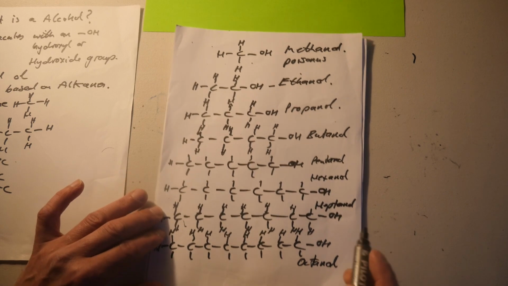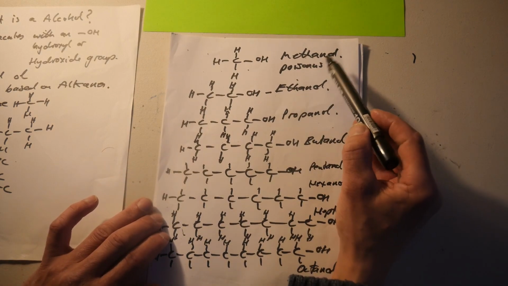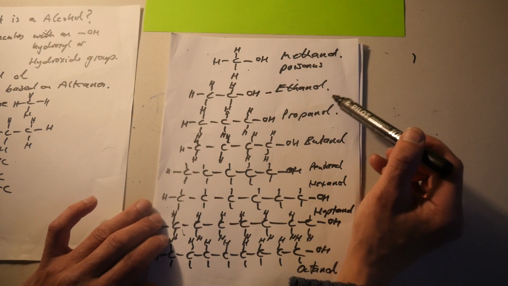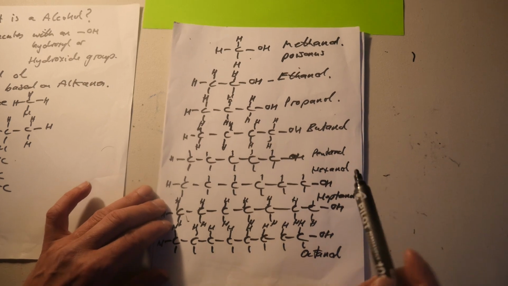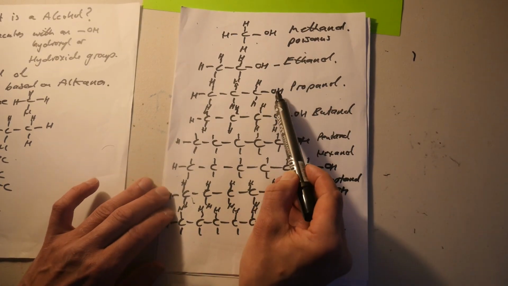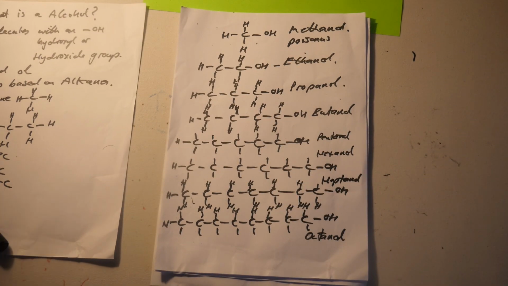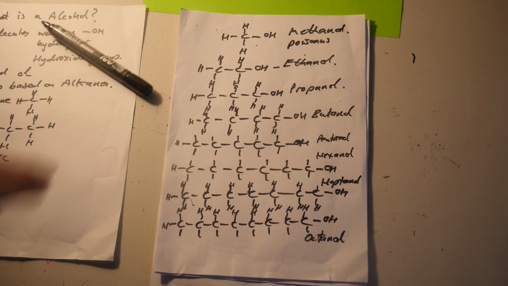So the E at the end of methane, ethane, propane, butane is replaced by OL. It's the OH group here that states that it's an alcohol.